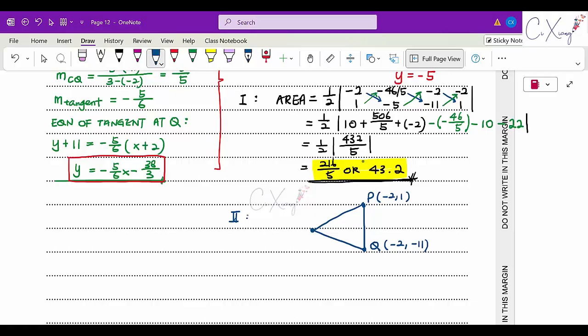And then for this point, we are having the coordinate negative 46 over 5 and also negative 5. For the triangle, I need to use the basic formula, half times base times height.